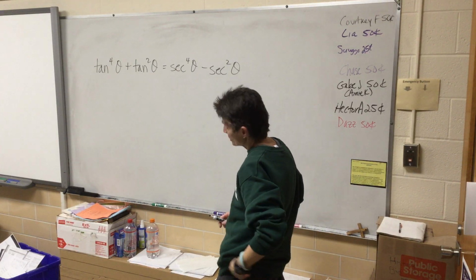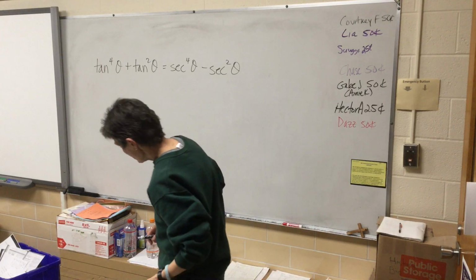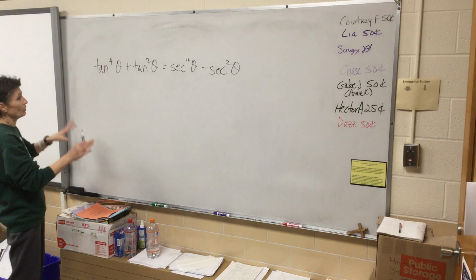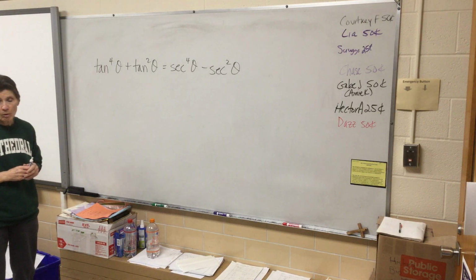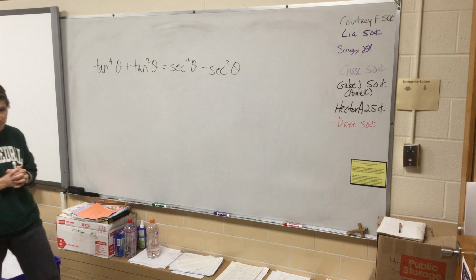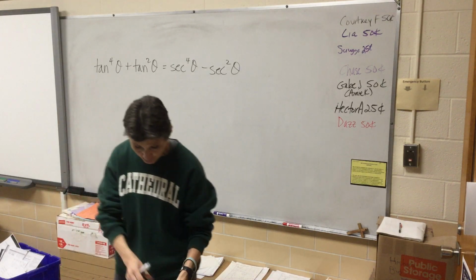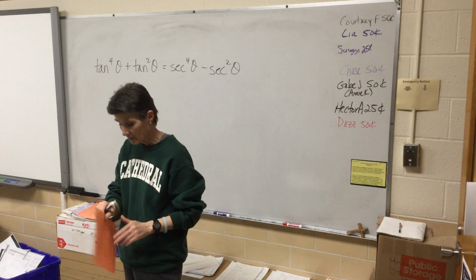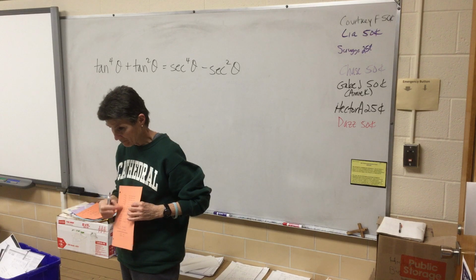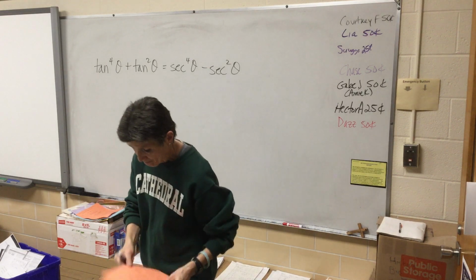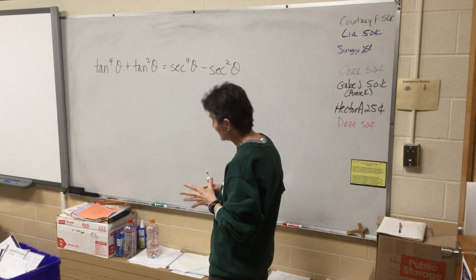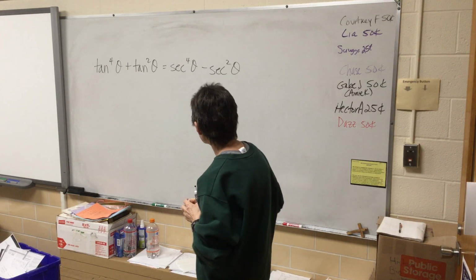What I do want you to notice is you have at least the potential here of using one of these special identities that you are committing to memory. Remember on your colored sheet, these first 8 need to be committed to memory. Hopefully they already are, but if they're not, you need to get them there real quick.